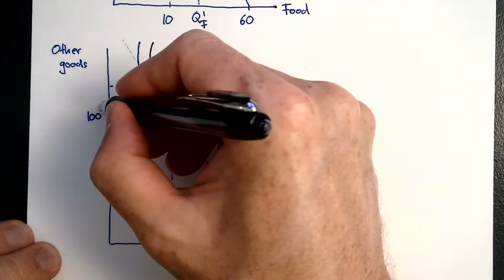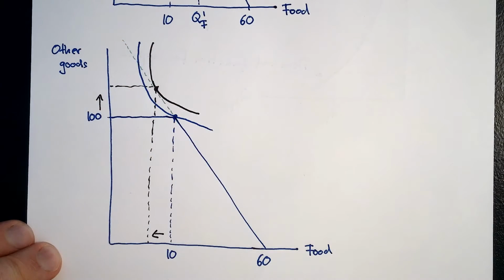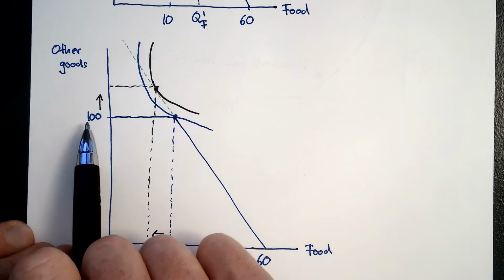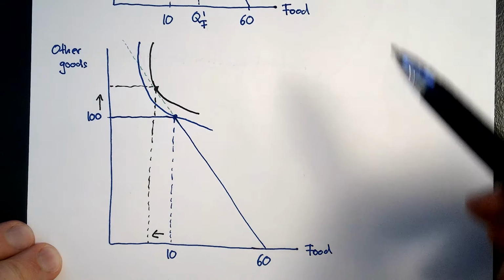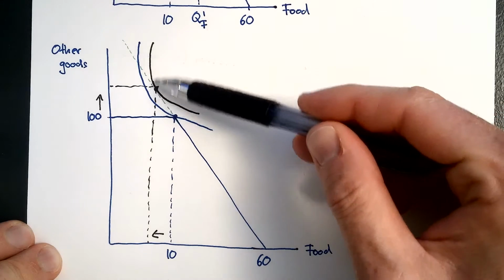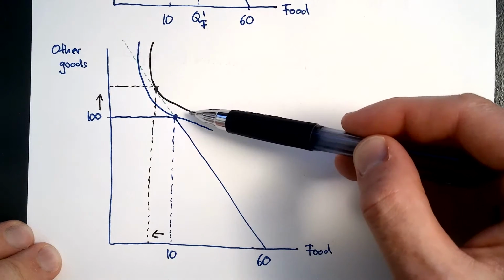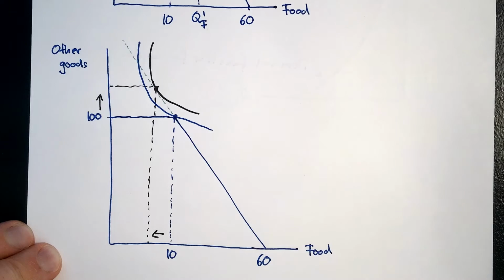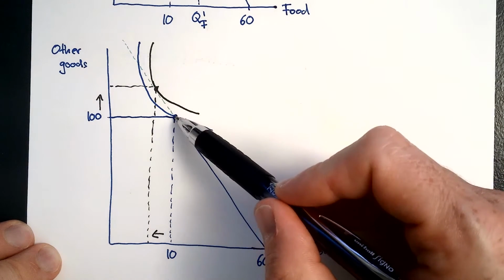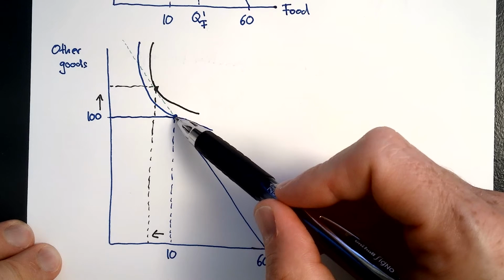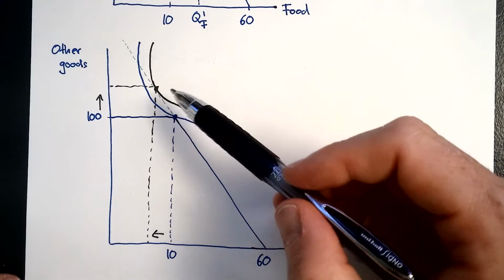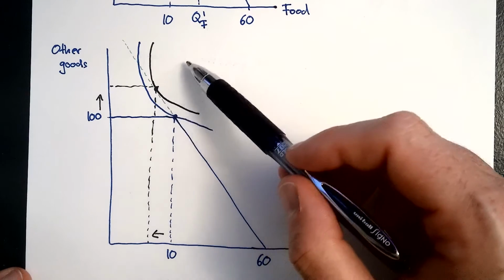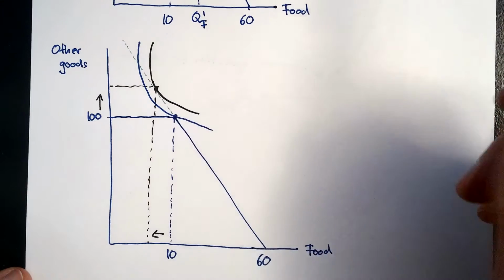The consumer is going to purchase more of the non-food items. But we can also see that the consumer is achieving an indifference curve associated with a higher level of utility. Okay? And hence, switching from the food stamps to a cash payment would make the food stamp recipient, in this case, better off. Okay?